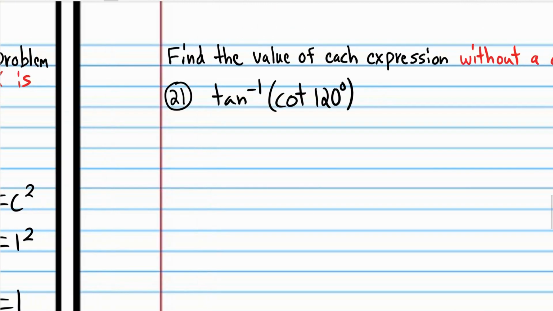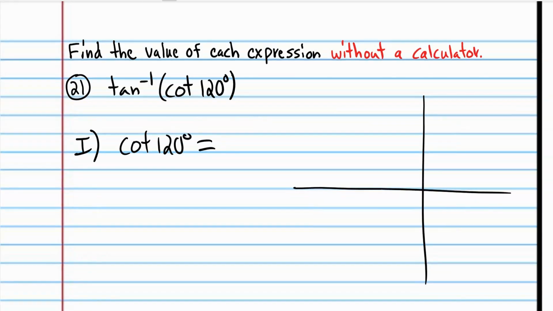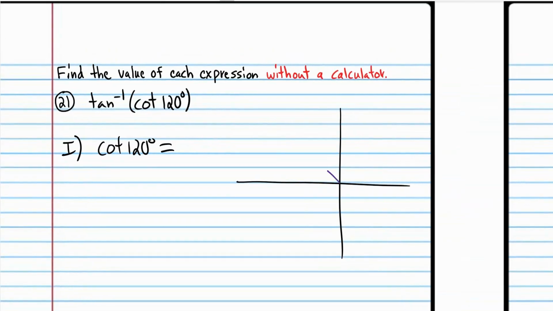Okay, we're back. So part 1 is to find the value of cotangent 120 degrees. So that's going to be a triangle in the second quadrant. The reference angle is 60 degrees.